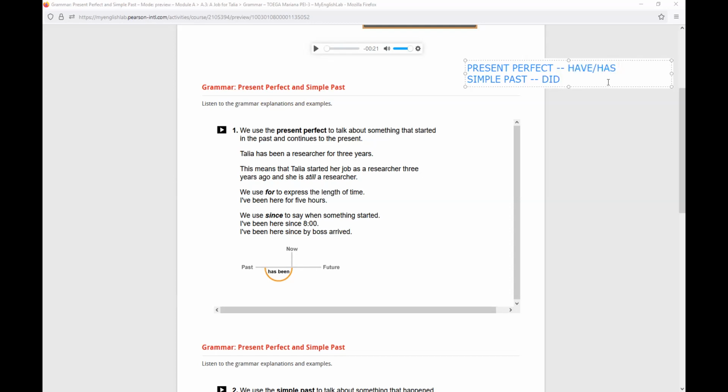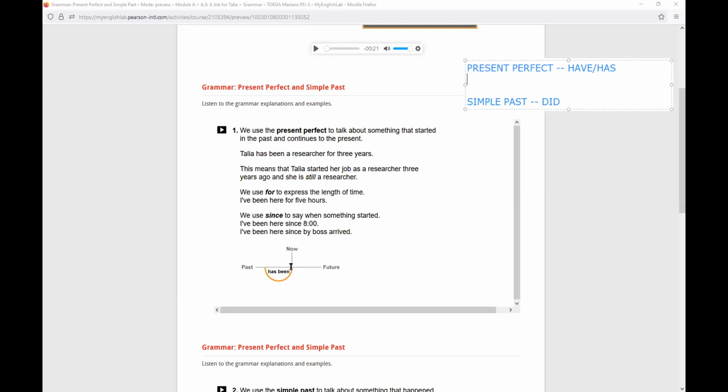¿Y cuáles son las diferencias en sí de estos dos tiempos? Tenemos que saberlo más que todo en definición. We use the present perfect when we talk about an action, okay, an action that started here in the past, and this action is going to continue in the present. So, we don't know when the action is going to finish.